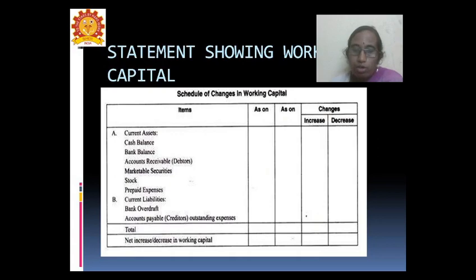Then after calculation of the increase or decrease positions, we are able to find out the total current assets and the total current liabilities, from which we find the net working capital, which is the current assets minus the current liabilities, where we talk about the difference between the 2 years, whether it is an increase or the decrease. We have to come to a conclusion.